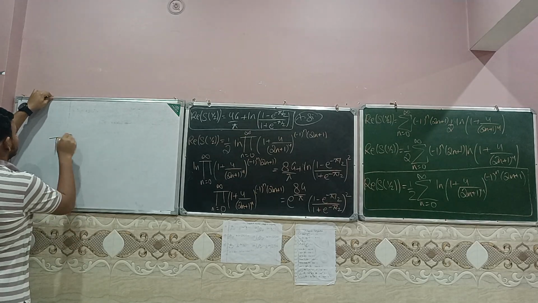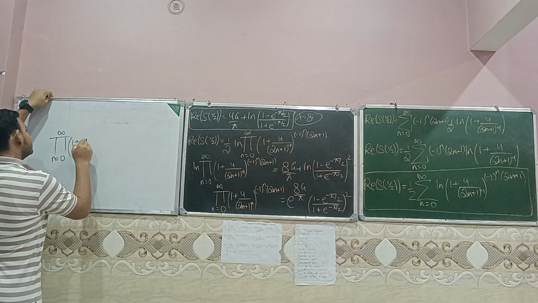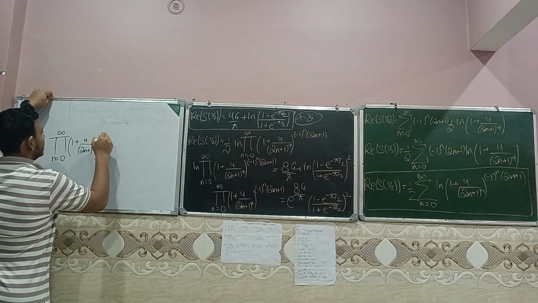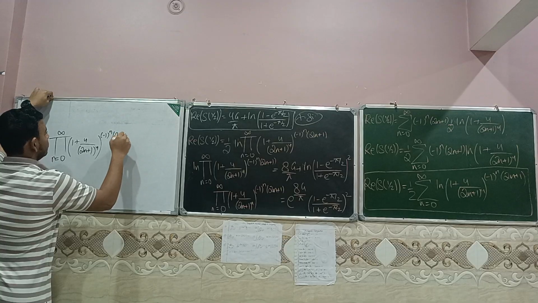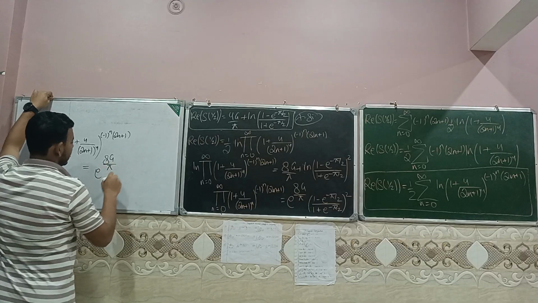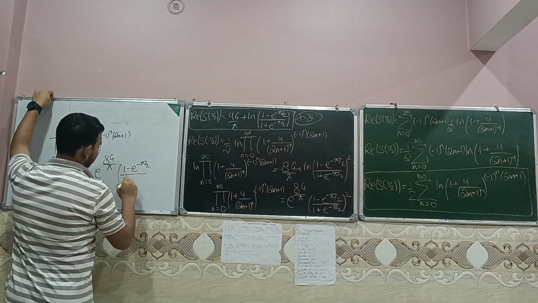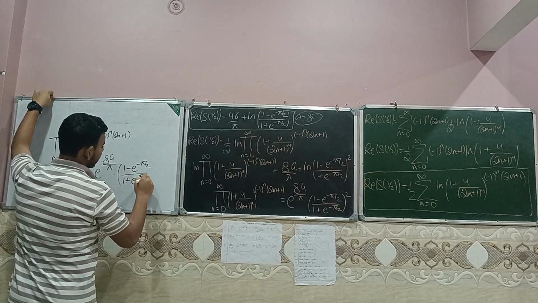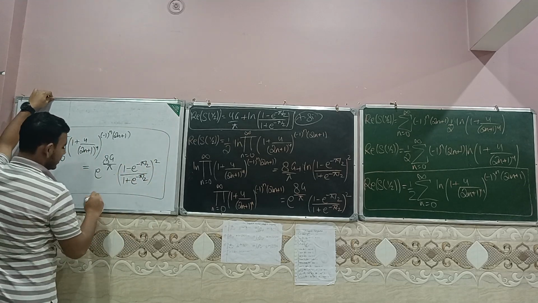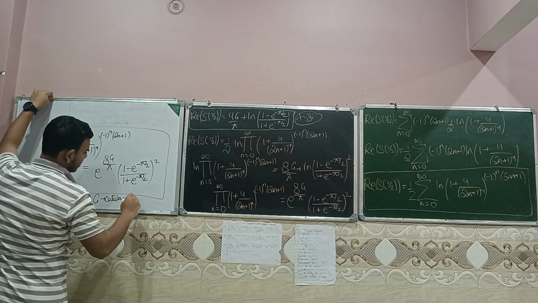This is the product as n goes from 0 to infinity of (1 plus 4 over (2n+1)^4) whole to the (-1)^n times (2n+1). So this comes out to be e to the 8G over pi times ((1 minus e to the negative pi over 2) over (1 plus e to the negative pi over 2)) whole squared, where G is Catalan's constant.